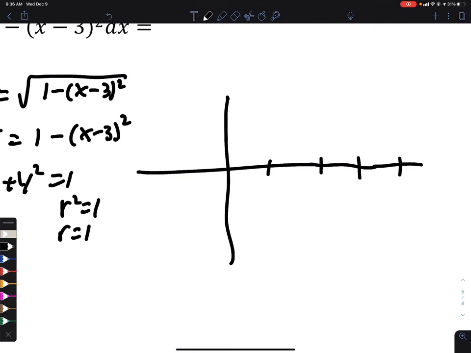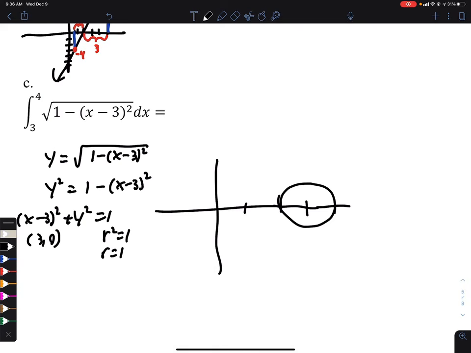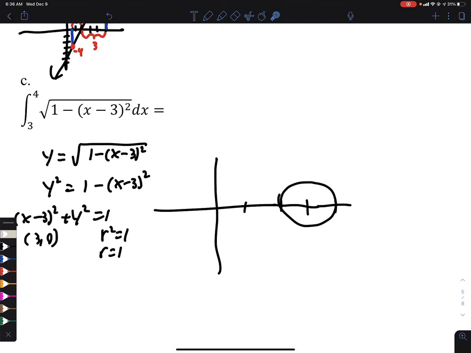And the radius is 1. So there's our center, and the radius is 1. It's going to be right there. There we go. All right. So, oh, and by the way, when we square root, it's only positive, so we'll only get the top half. It's only the top half of the circle.